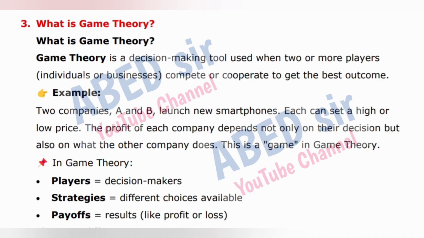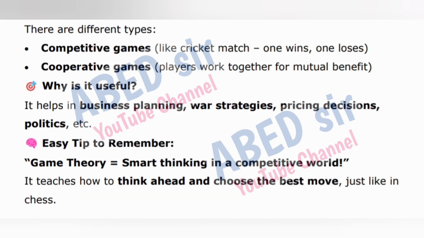In game theory, players are the decision makers. Strategies are the different choices available. Payoffs are the results, like profit or loss. There are different types. Competitive games, like a cricket match, one wins, one loses. Cooperative games, players work together for mutual benefit.